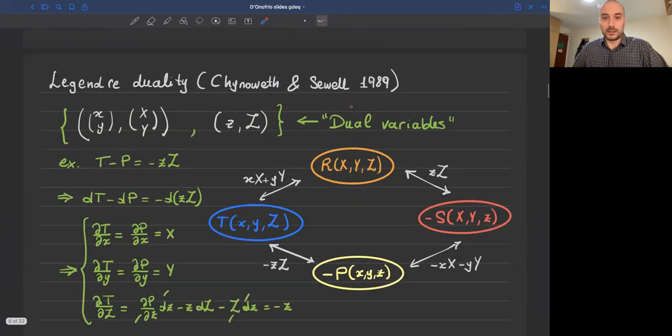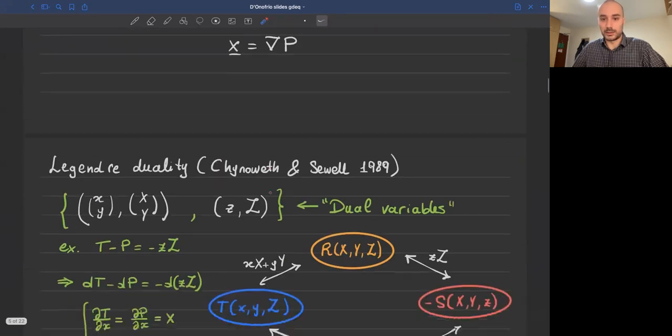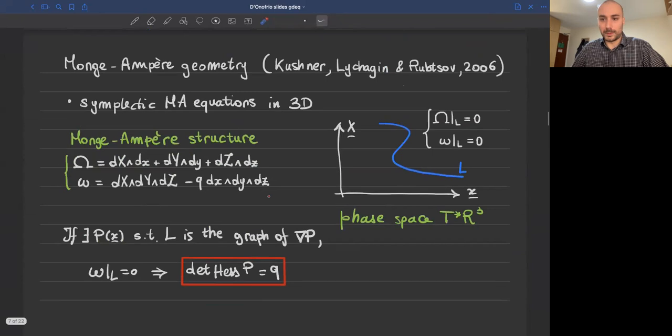This holds thanks to this relation found by Chenoweth and Sewell. So if there exists some function p such that L can be represented as the graph of the gradient, then this equation is going to boil down to just a classical Monge-Ampère equation, right? And this is only possible if our Lagrangian manifold is in graphical form, that is the graph of a function.